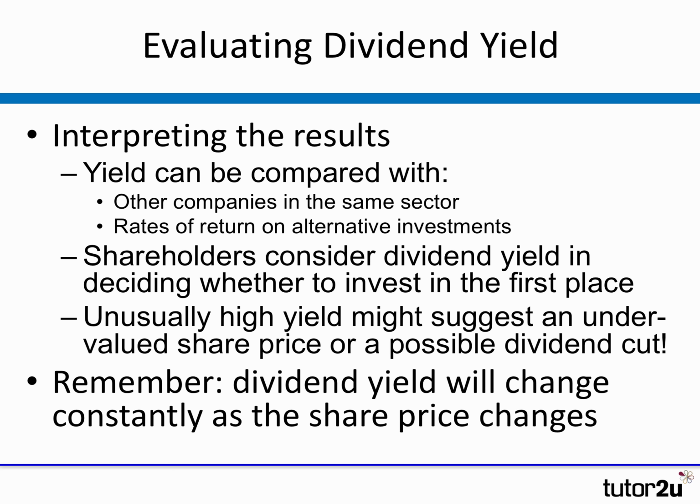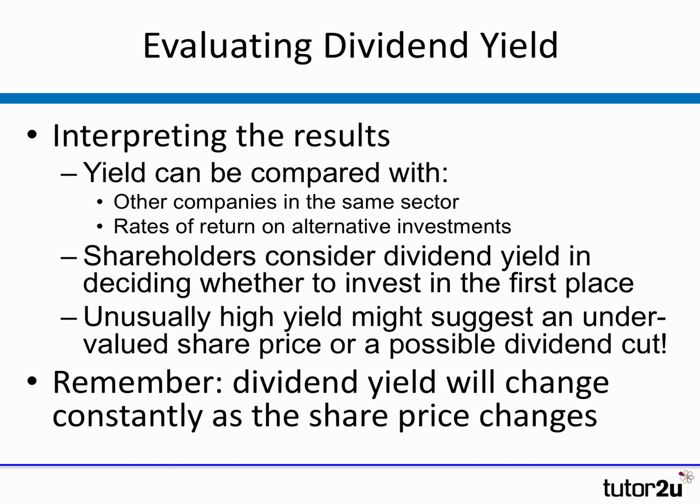And of course, savings rates are very low, so that looks like a decent return. So dividend yield can be useful for shareholders as they consider whether to invest in a share in the first place, particularly if they're looking to invest in a business that pays out relatively high dividends. In other words, the shareholder can expect to get a sensible dividend income each year.